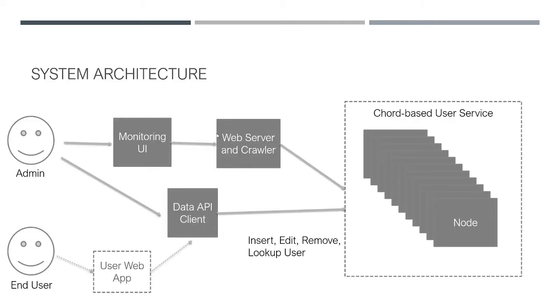And to be able to do that, we have a special crawler, and you can think of it like a web crawler, but in particular it just walks the overlay network and then updates a view of the chord network.